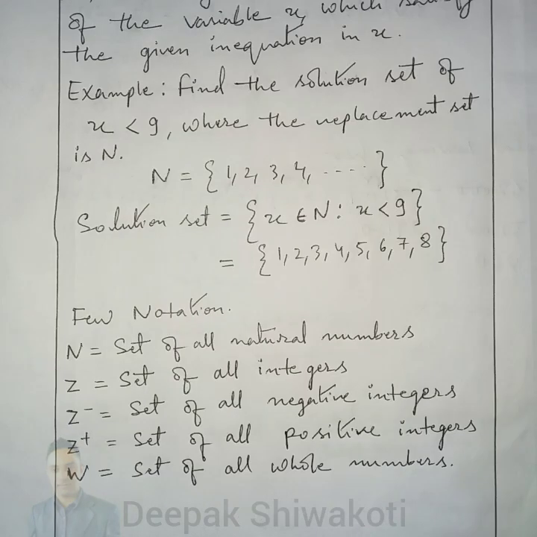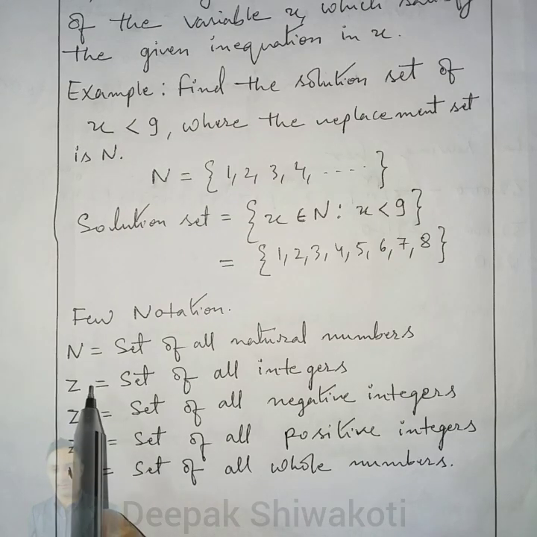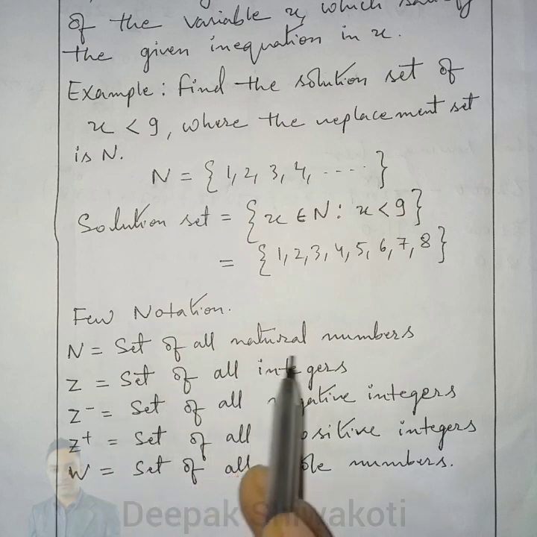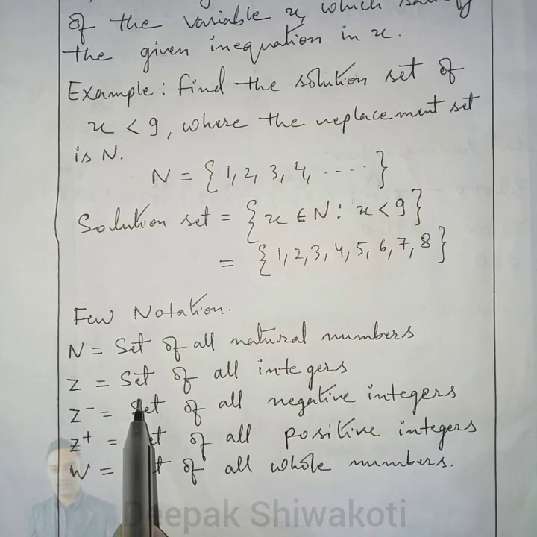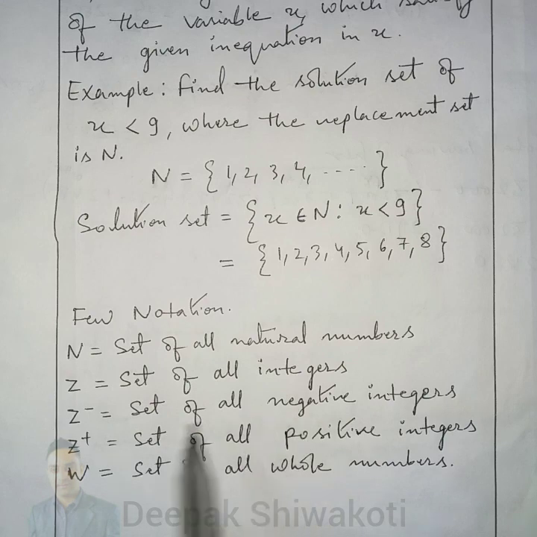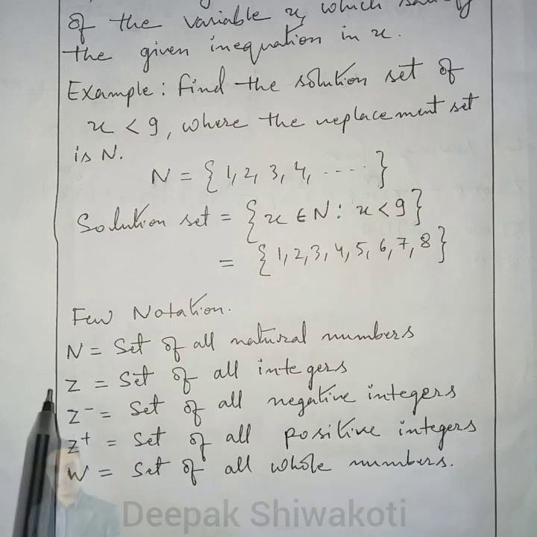Now a few notations. N stands for the set of all natural numbers, Z stands for the set of all integers, Z minus stands for the set of all negative integers, Z plus stands for the set of all positive integers, and W stands for the set of all whole numbers. These sets are written in capital letters.